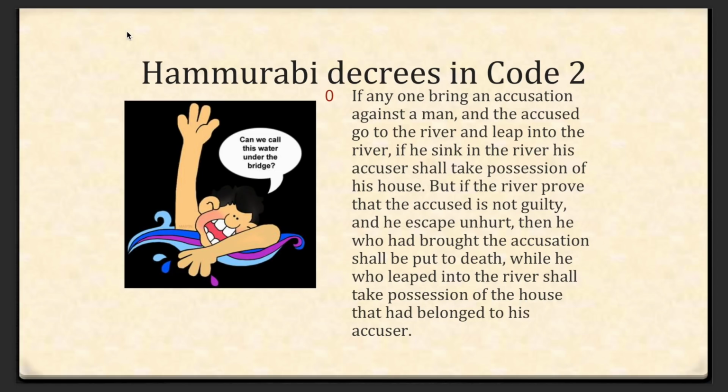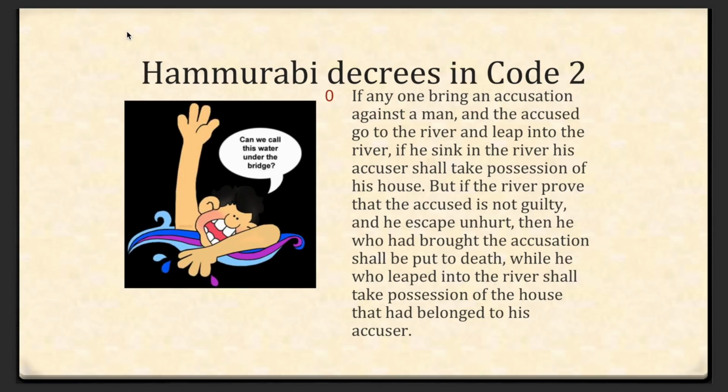If he sinks in the river, the person that accused him will take possession of the house of the man in the river. But if the river proves that the accused is not guilty, so if he escapes unhurt, if he doesn't sink, then he who had brought the accusation shall be put to death, while he who leapt in the river shall take possession of the house that had belonged to his accuser.